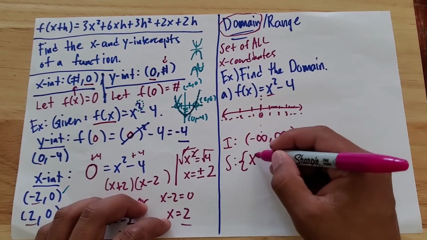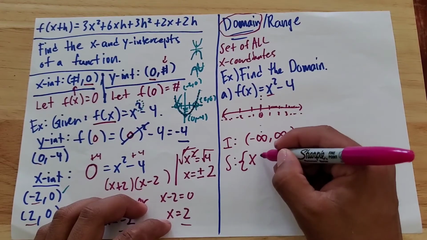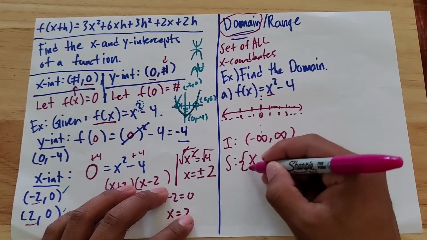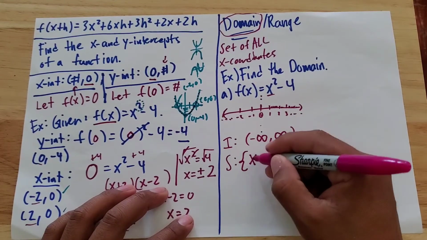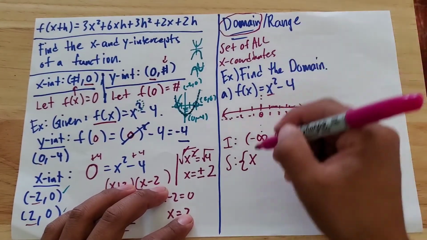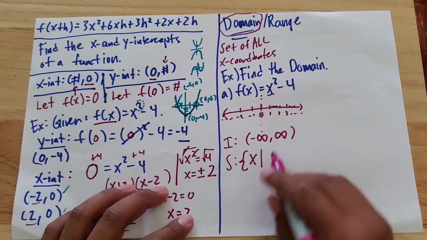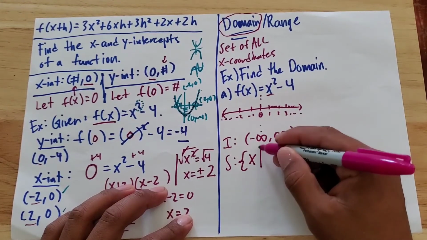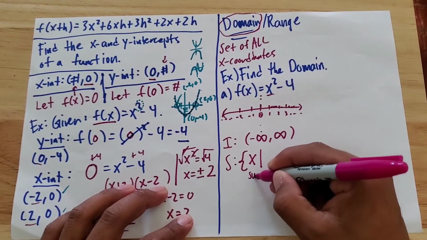So the way it works is that you have to write the variable that you're writing the notation for. So we're writing the domain for x. If you're doing range, then you would use a y. Now, this vertical line means such that.